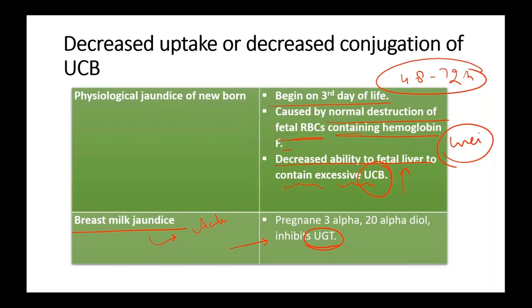It inhibits the enzyme which is present in the liver, UDP glucuronosyl transferase. So breast milk can inhibit this enzyme, which will result in increased unconjugated bilirubinemia. So treatment: use formula milk until liver is more mature.